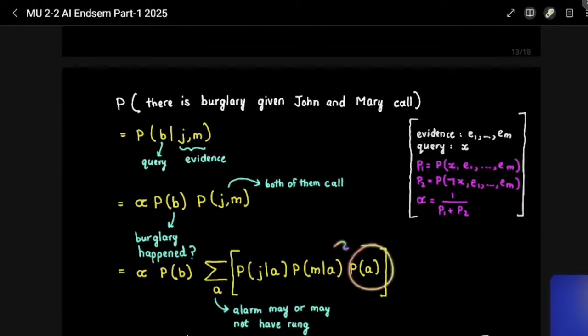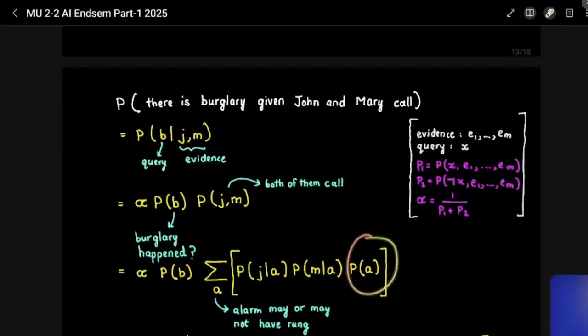So the alarm could have rung if there was an earthquake or if there was no earthquake. Burglary for sure we are assuming it happened, so we will not talk about the combinations of burglary. Earthquake could have happened, could have not happened. But the alarm in one case must have rung or must have not rung. It depends on the summation.